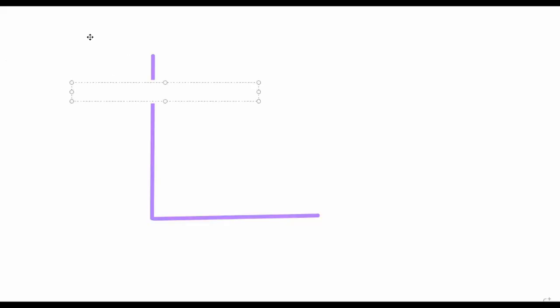Okay, so in our diagram, we are going to draw an axis. Okay, so we have an X and a Y axis. This value on the top here represents our cost.